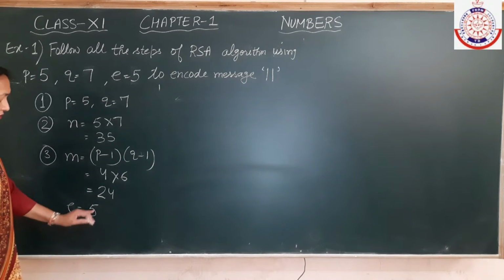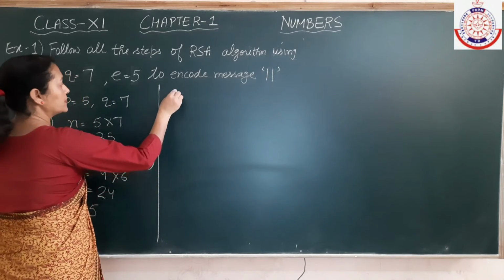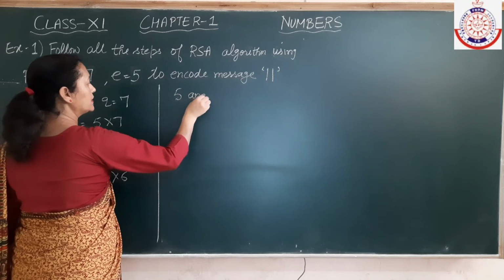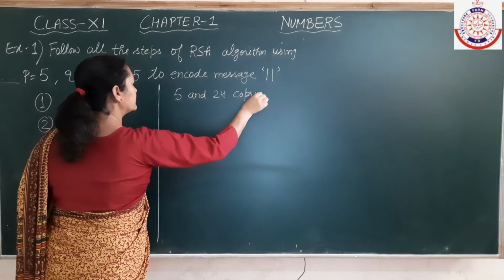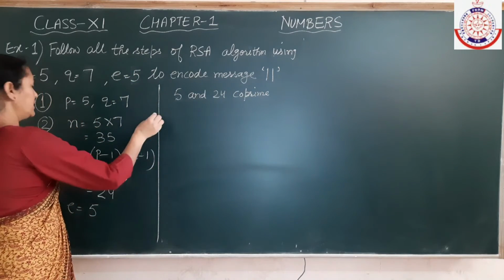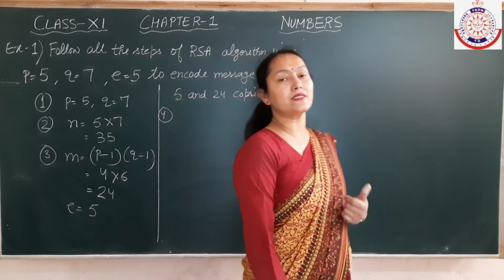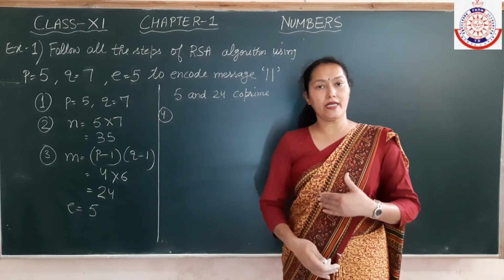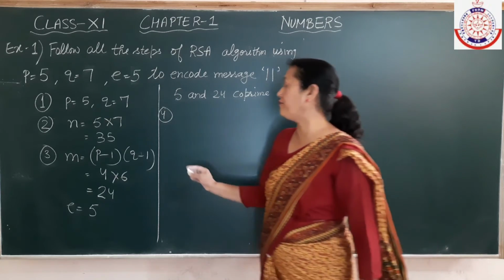Encryption key is given 5. So if you check, 5 and 24 are co-prime. Next we have to find a number d in such a way that the product of d and e when divided by m, remainder should be 1.